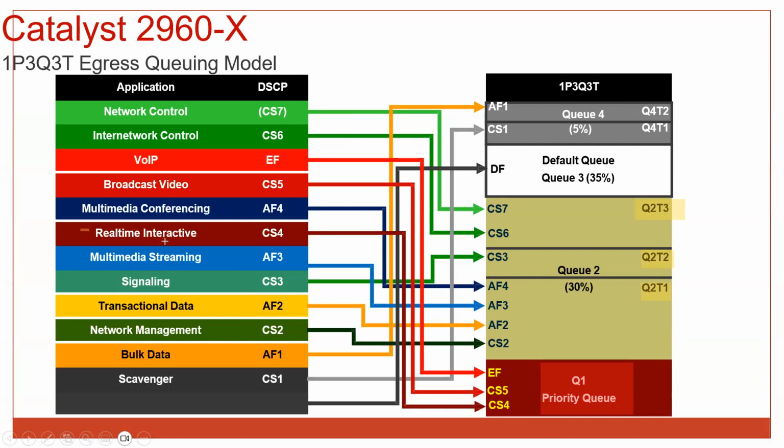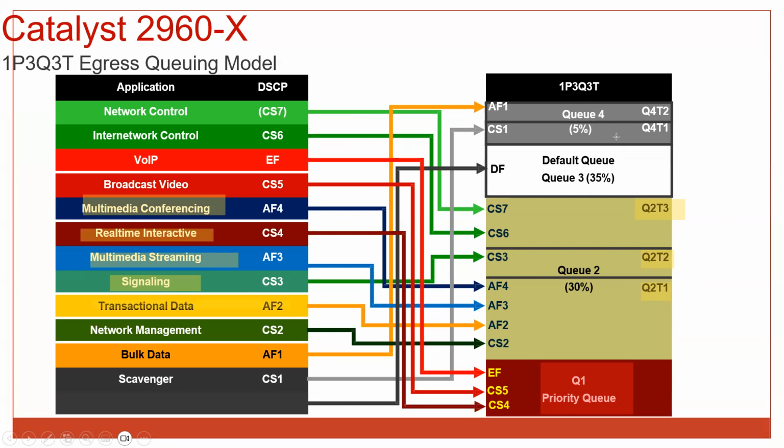So we can say the real-time traffic, multimedia conferencing, then signaling, then multimedia streaming, right? Then CS5 is not there, and CS4 is not there. Like that, most of the traffic related to businesses we have here. Even the transactional data, you can see that is in Q2.